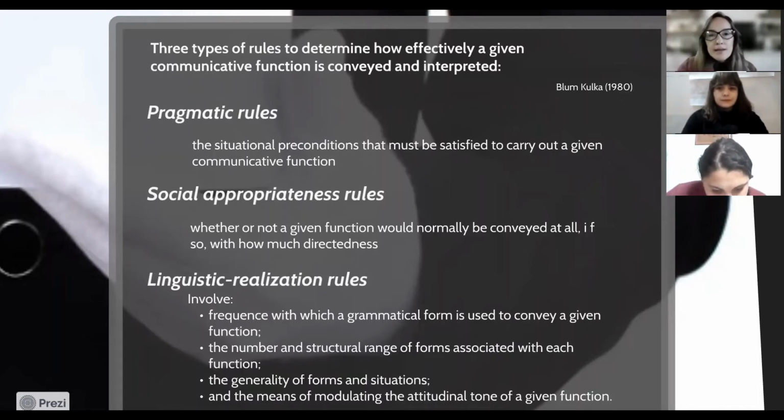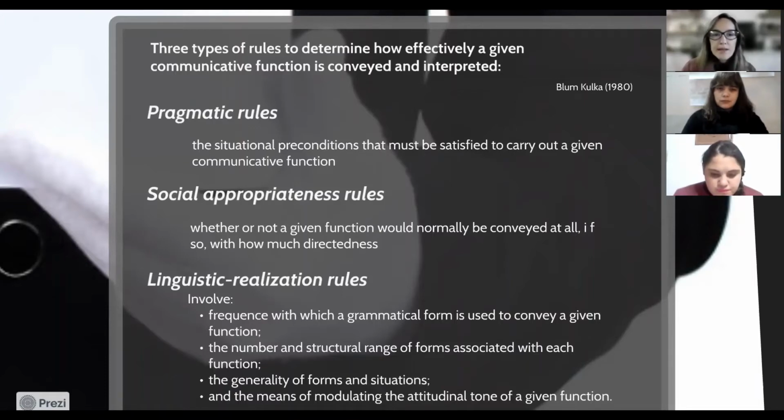So these are rules that we can take into account to check if the language we have chosen has the appropriateness of form and meaning, right? For example, the pragmatic rules have to do with the situational preconditions that must be satisfied to carry out a given communicative function.